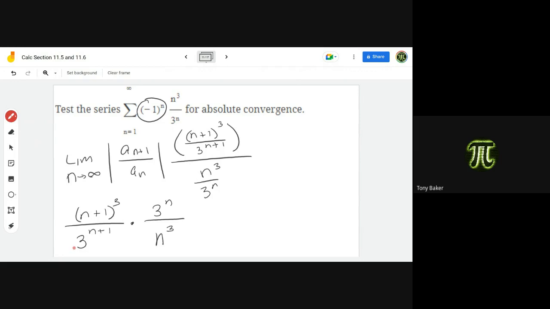So we've got to figure out some way to cancel some stuff out so I get rid of things. This right here is where you want to look.